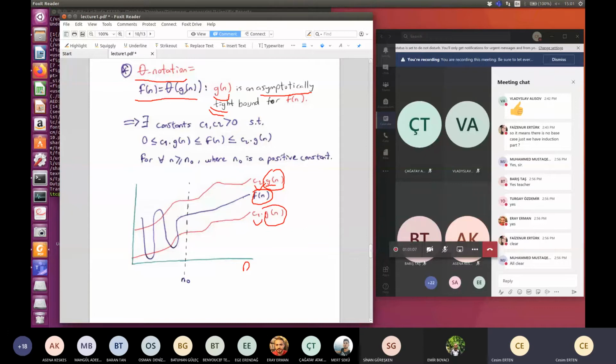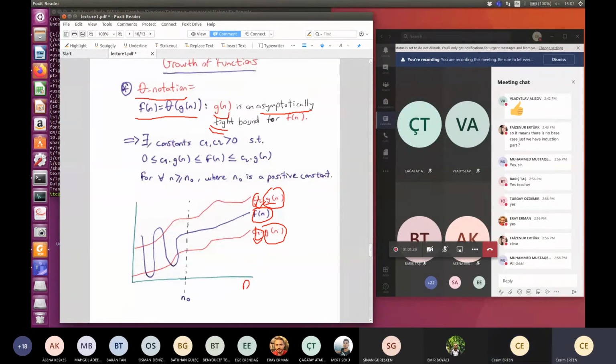So basically, we can represent f of n with g of n. Why? Because multiplying with a constant, g of n becomes smaller than f of n. Multiplying with some other constant, it becomes bigger. So this means that we can think of g of n as being almost equivalent to f of n.